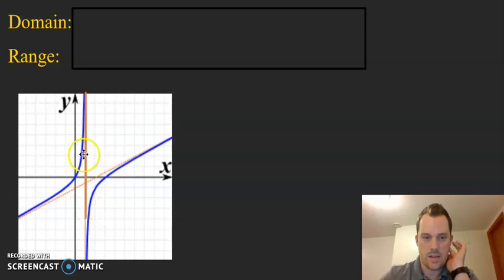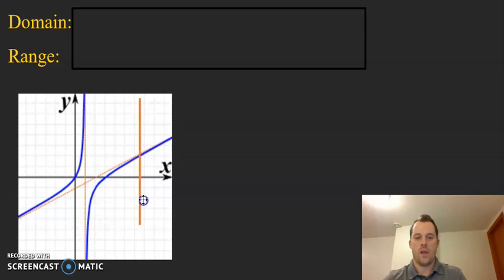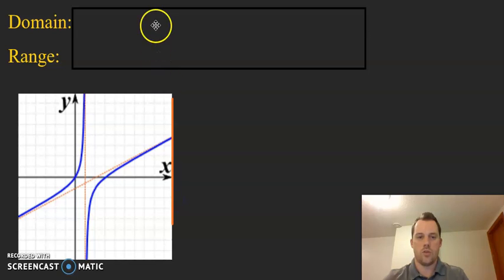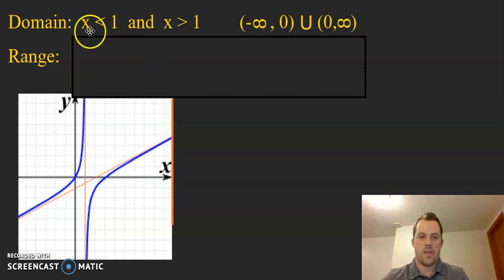So that tells us that x is never going to equal 1 within this function. So it gets really close to 1, but doesn't quite get there, and then it starts up again, and x can be greater than 1, and it goes to the end of the page, so it goes towards infinity. So we say that x is less than 1, but not equal to. x is greater than 1.